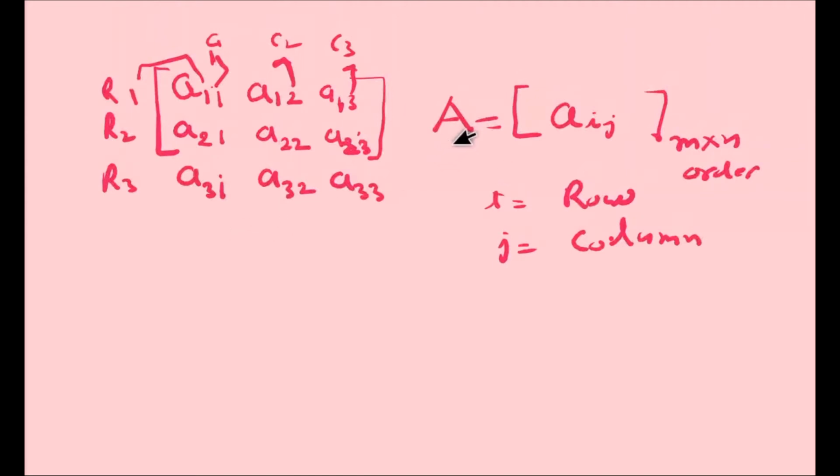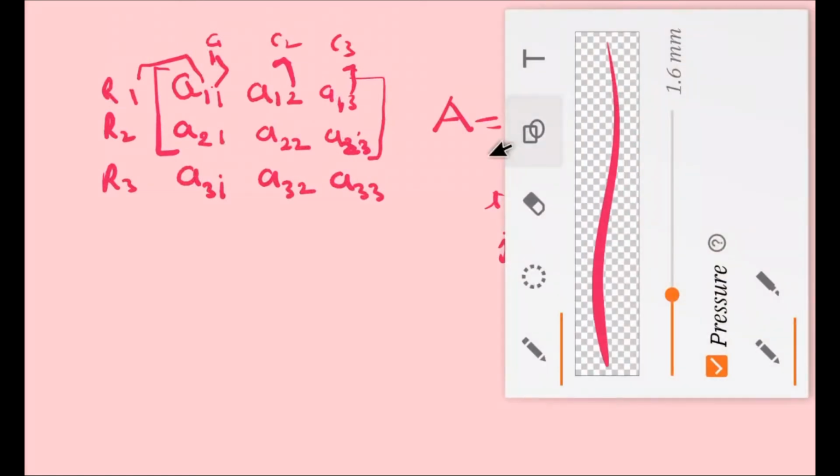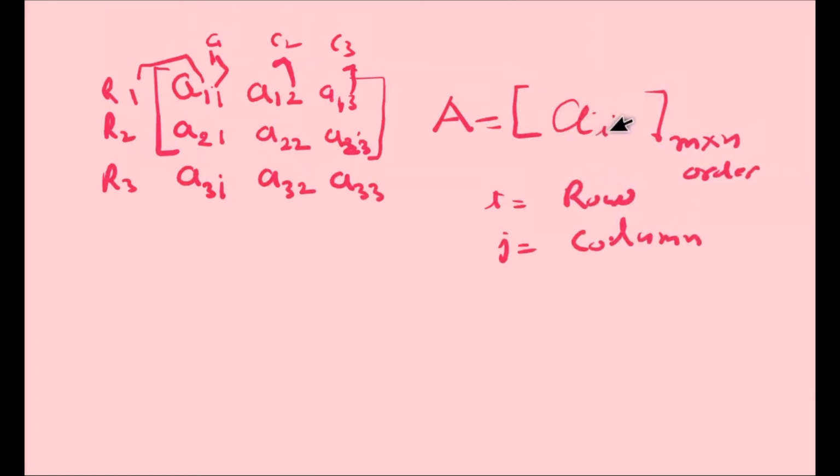This one is the order, and this tells the number of rows. i is for row and j is for column. Let it be 2, 3. So Aij refers simply to the number of row and number of column.